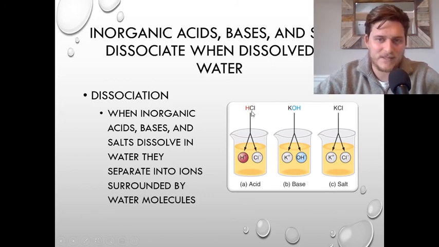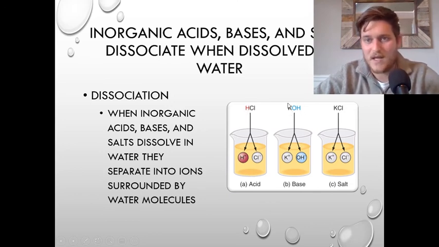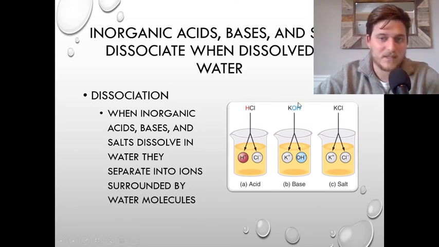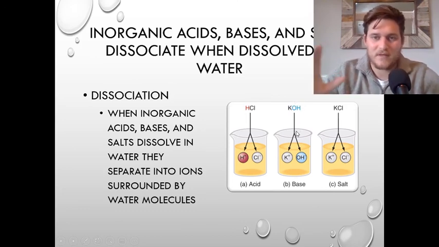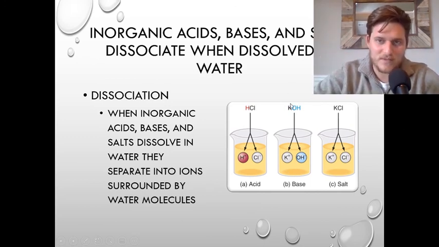When this acid is dumped into the water, that hydrogen proton is going to be separated from the chloride here, and those water molecules with the partial positive and negative charges are going to surround these ions. So this acid is going to dissociate once in water. The same thing for bases. These bases are proton acceptors, but the same thing: when they're dropped into water, this bond is going to be broken apart, and these water molecules are going to surround these ions. And the same thing goes for salts as well.